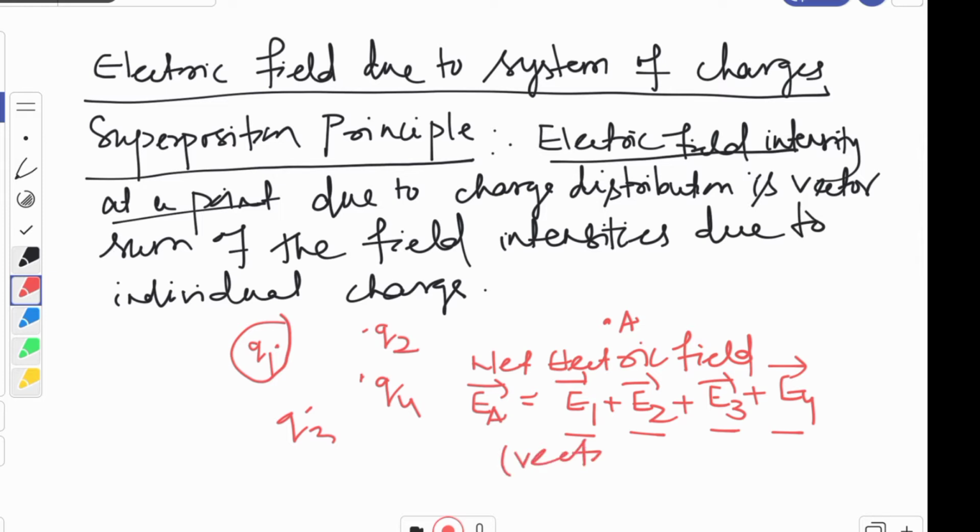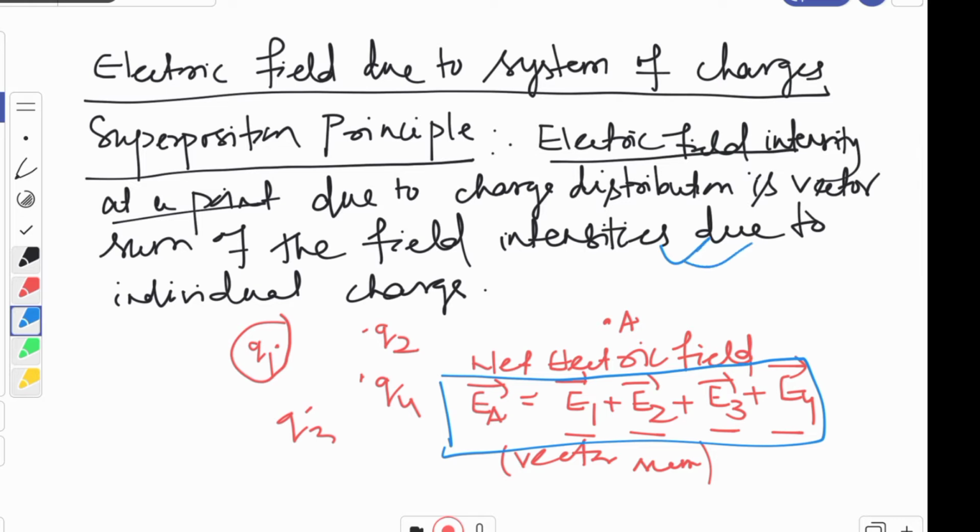As you can see, it is vector sum of all the electric fields. Clear, children? So the statement we have written over here is the mathematical expression. Now we'll understand it more clearly when we do some questions.